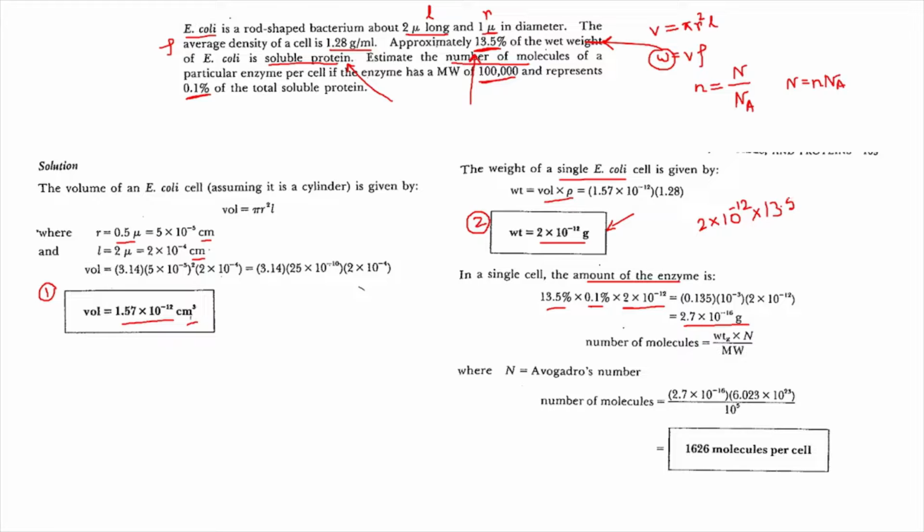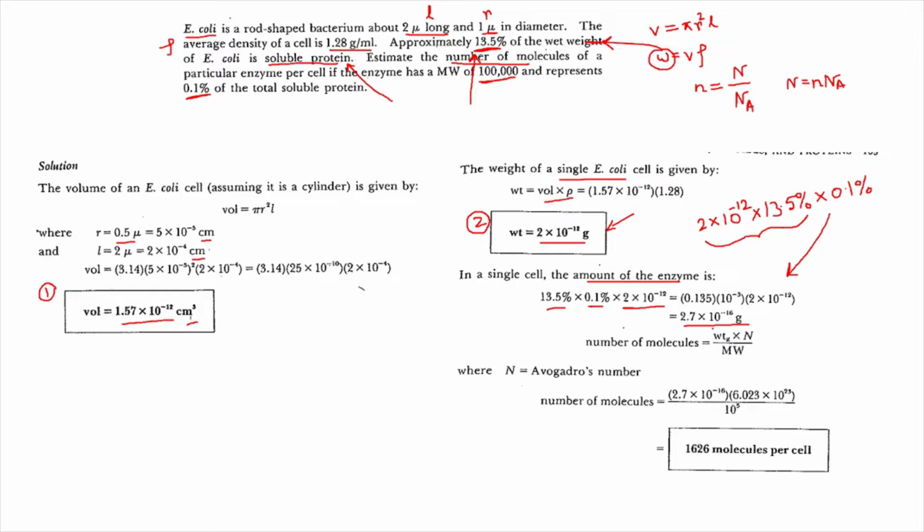All right, now the thing that you are getting, this is the weight of the soluble protein, and 0.1% of this weight is the weight of the enzyme. So it means 0.1% multiplied by this entire thing is the weight of the enzyme. So if you multiply this whole thing with 0.1%, that is what they have done here. All right, and the answer comes out to be 2.7 × 10 to the power of minus 16 gram.